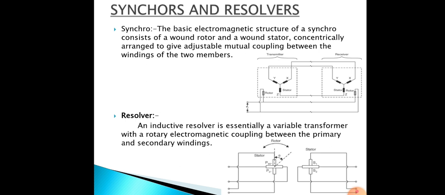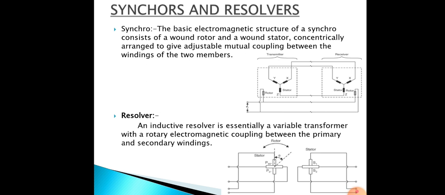The next one is the resolver. An inductive resolver is essentially a variable transformer with a rotor providing electromagnetic coupling between the primary and secondary windings.